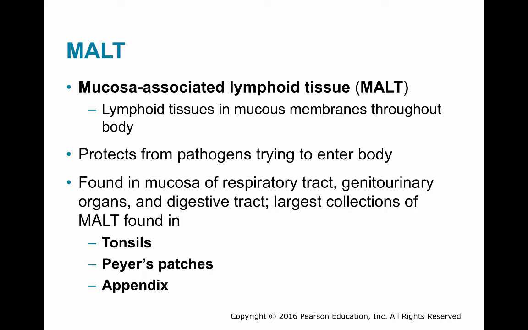And so it can be found in the respiratory tract, the genitourinary organs, and digestive organs. And a large collection can be found in the tonsils, the Peyer's patches, and the appendix. And so we're going to look at these three organs that are part of the secondary lymph node system that contain MALT.